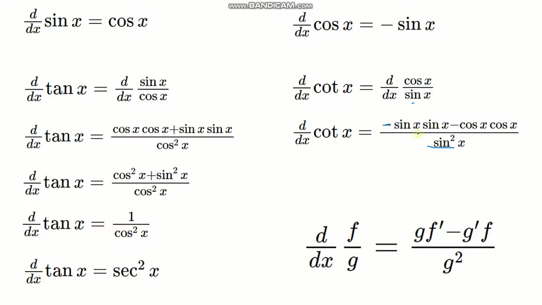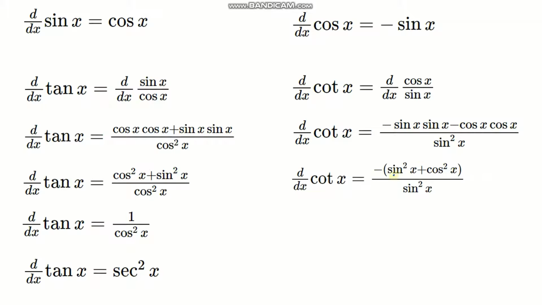So in the first term we have negative sin x times sin x, minus the derivative of the denominator, which is cosine x, and we keep the numerator. The second term is minus cosine x times cosine x. We factor out the negative, and we have negative times sin squared x plus cosine squared x, all over sin squared x.